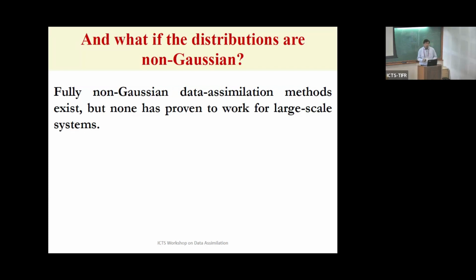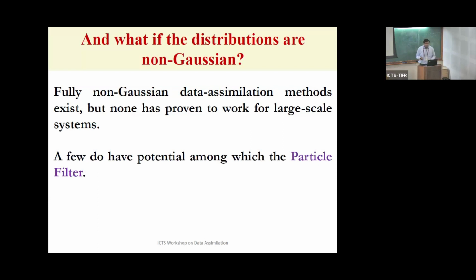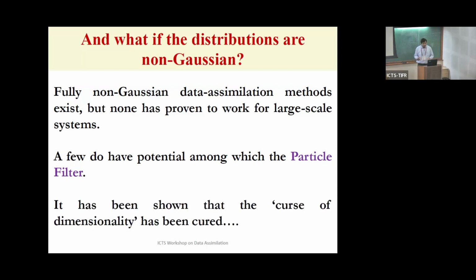There are a few groups who are working on particle filter theory. People try to use particle filters in this problem also, but within that we have one issue which is very popularly known as the curse of dimensionality.